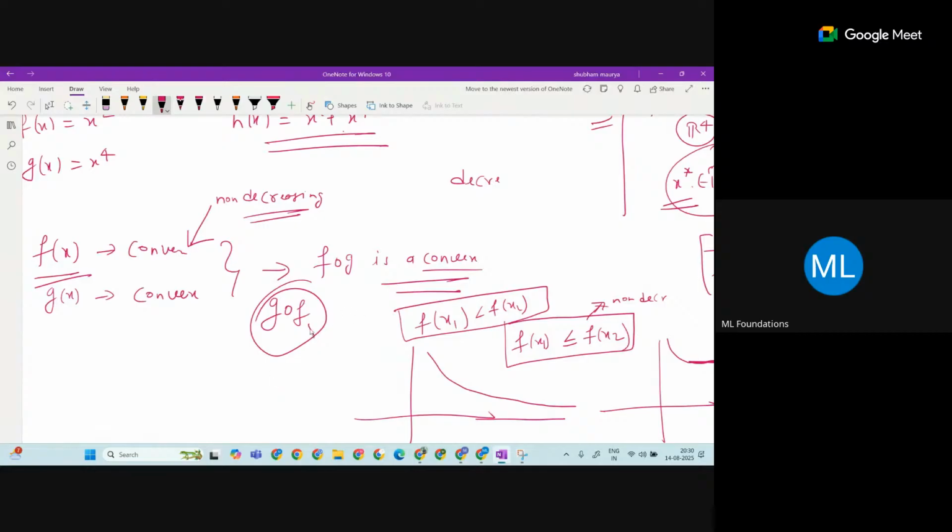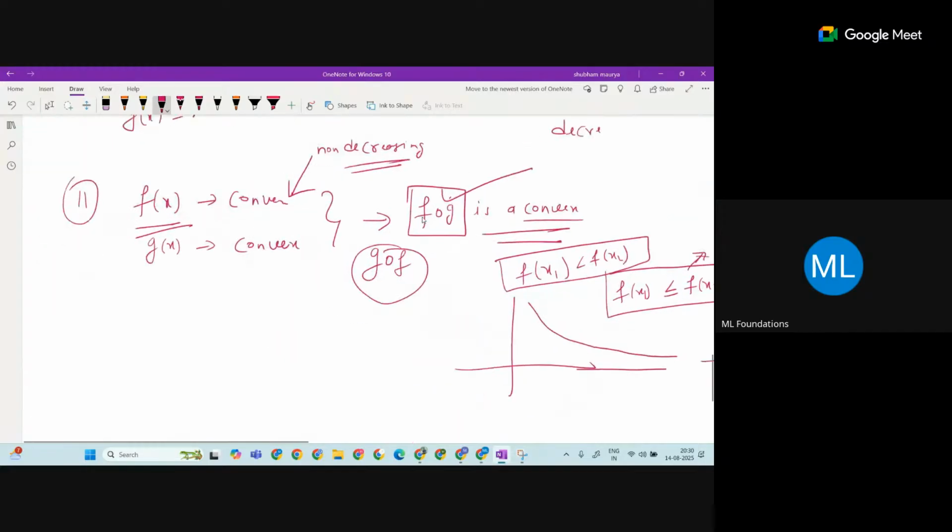In this case you cannot say, because you are not imposing the condition on g. We are only imposing the condition on f, and we are claiming convexity for f composed with g, not g composed with f. So be sure, I am not saying it for that composition, I am saying it for this composition, where the extra condition is on f, which is on the left side.